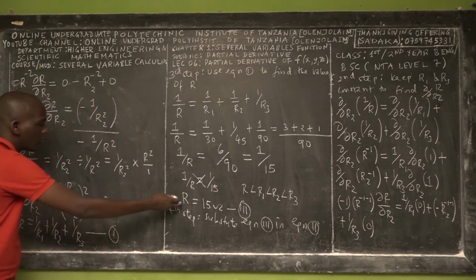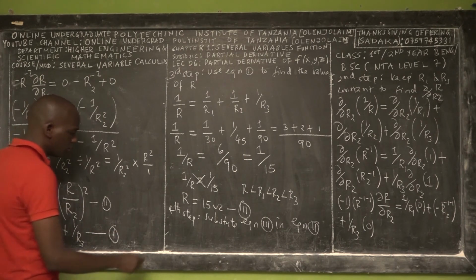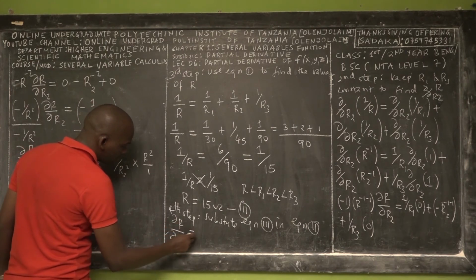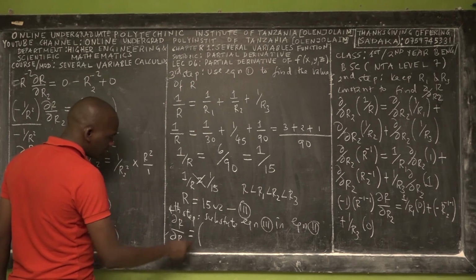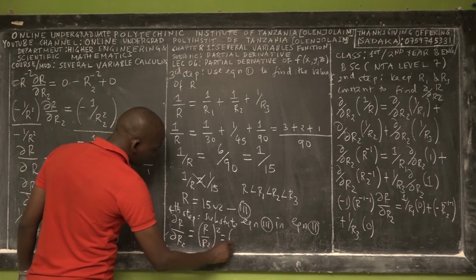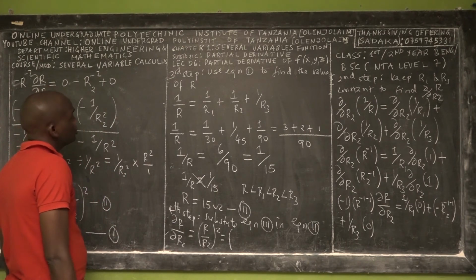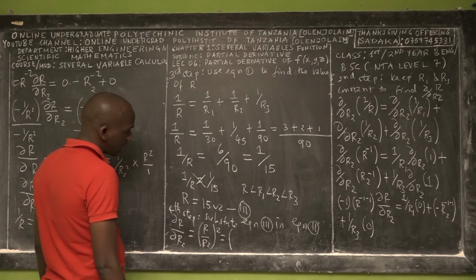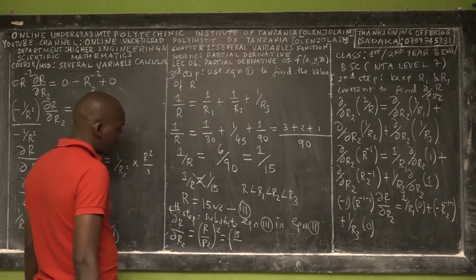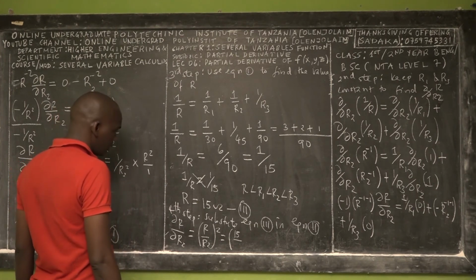Substitute the value of R in this equation to find the partial derivative of R with respect to R2, which is equal to R squared over R2 squared. What is R? The value of R is 15 ohms, over the value of R2, which is 45.